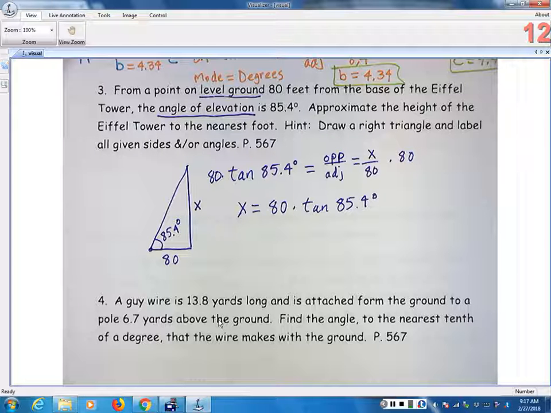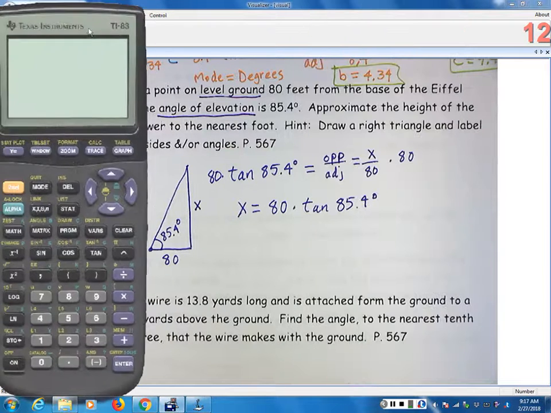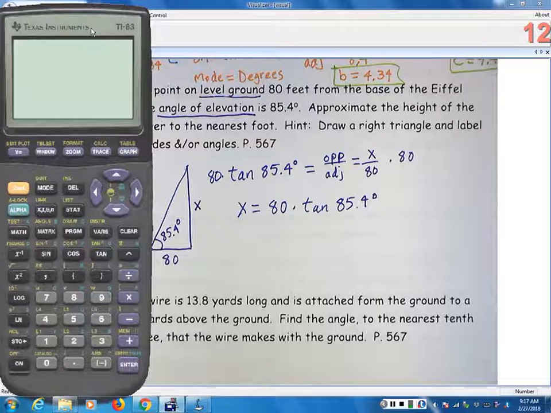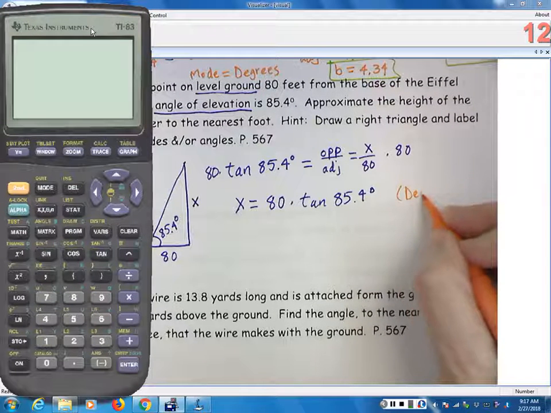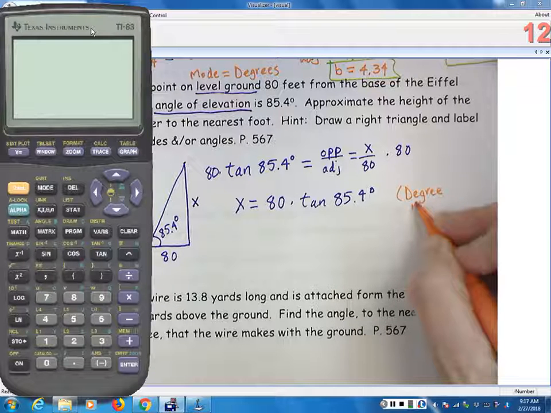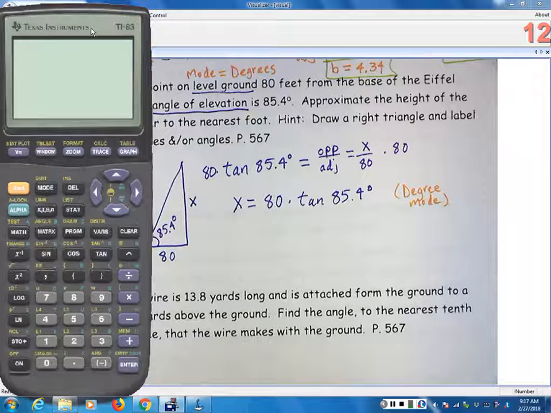So take your calculator and make sure you're in degree mode, because you get the wrong answers.